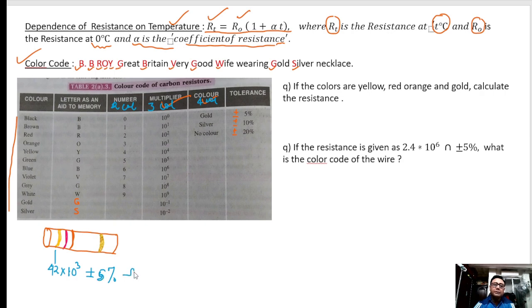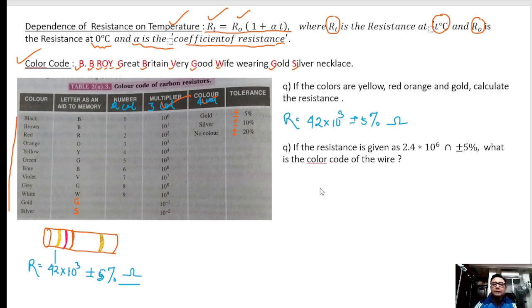So this is the value of the resistance of this conductor. That means here we are getting 42 into 10 to the power 3 plus minus 5% as the resistance of the conductor.